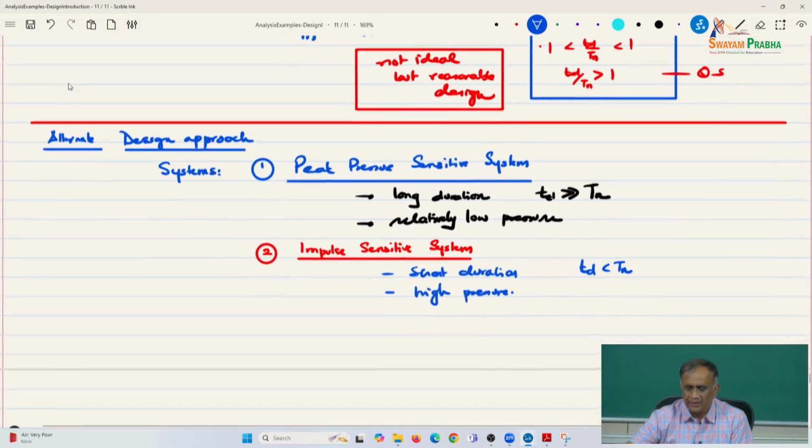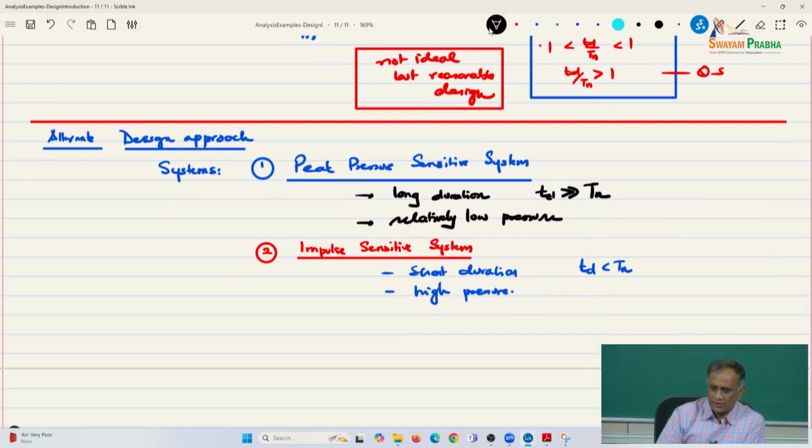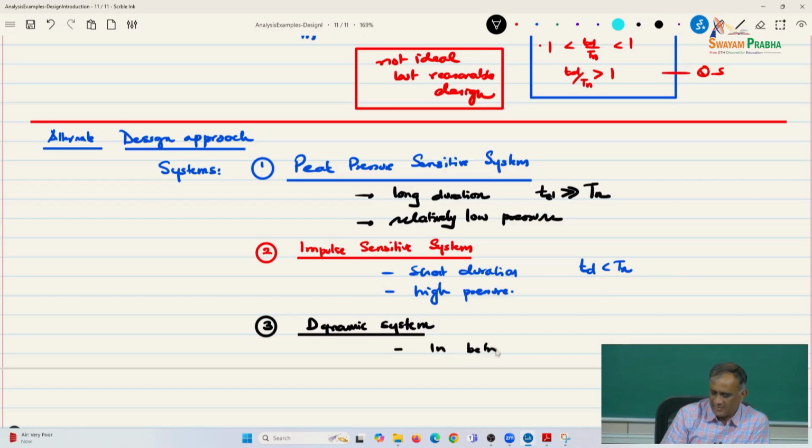And this approach we are talking about addresses all three systems. Dynamic system, that is the beauty of this approach. Dynamic system, it is in between, neither here nor there.